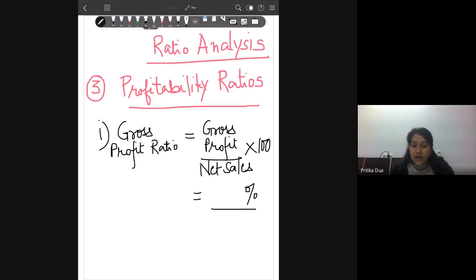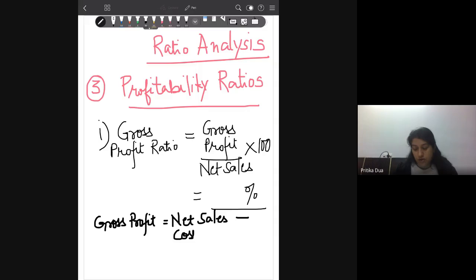Coming to the calculation of gross profit, I am writing this down. All of you know that in the trading account, if the balancing figure comes on the left hand side, it means your revenues are greater than the cost.